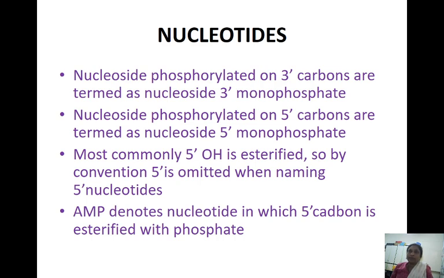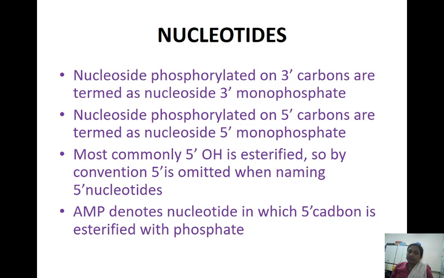If the phosphorylation is done on the 3 prime hydroxyl carbon, the nucleotide formed is termed nucleoside 3 prime monophosphate. If the nucleoside is phosphorylated on the 5 prime hydroxyl group, it is termed nucleoside 5 prime monophosphate.